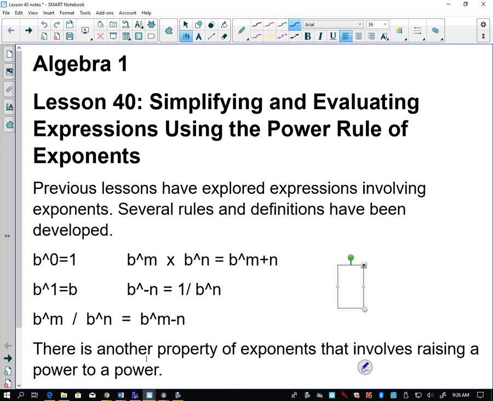Okay, Algebra 1, Lesson 40, Simplifying and Evaluating Expressions Using the Power Rule of Exponents. The power rule of exponents is whenever I take an exponent to an exponent, okay?